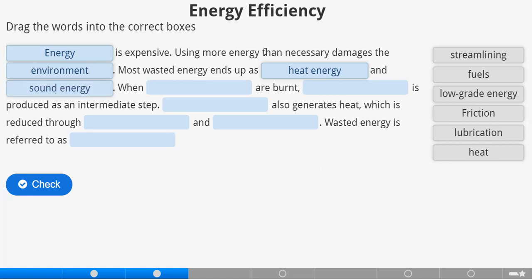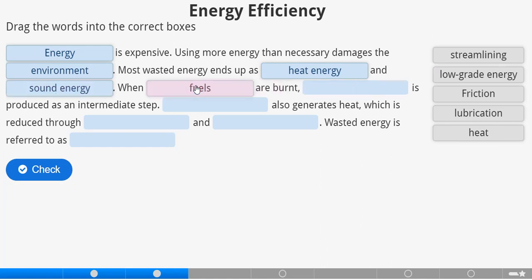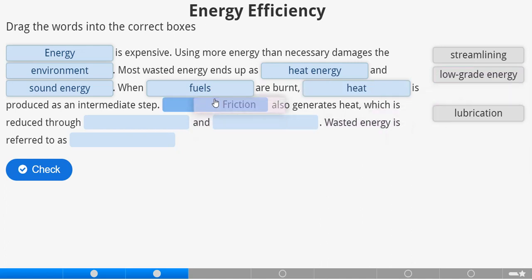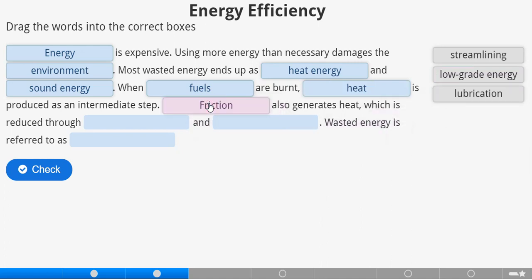When fuels are burnt, heat is produced as an intermediate step. Friction also generates heat, which is reduced through, what do you think we can use to reduce friction?